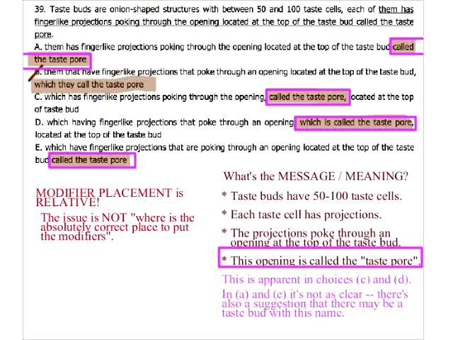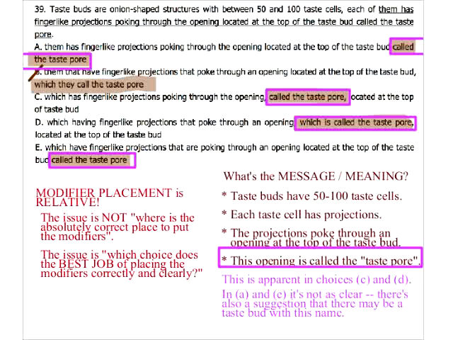But instead, the issue really is which choice does the best job of placing the modifiers correctly and clearly. It's relative. You're just judging the choices against the other choices. You're not judging absolutely here. So in that sense, we can tell that A and E are worse than C and D.